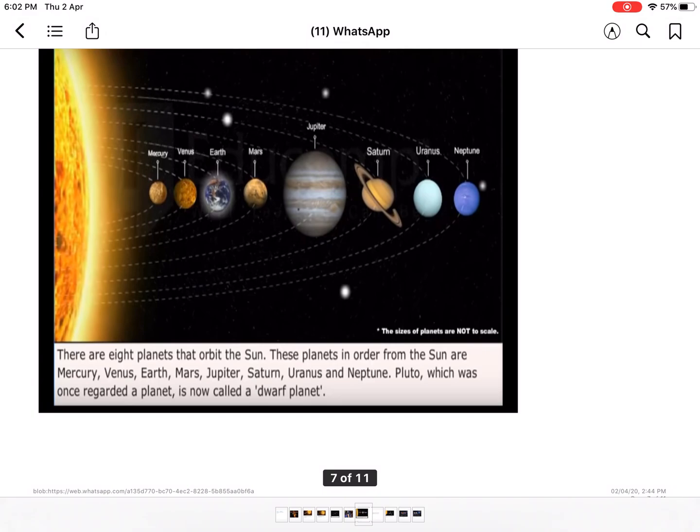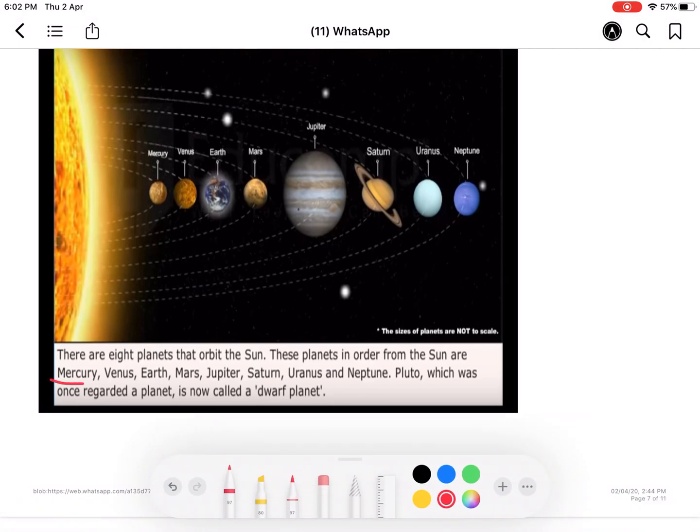These planets in order from the sun are Mercury, Venus, Earth, Mars, Jupiter, Saturn, Uranus and Neptune. Now here Pluto is also written. Pluto was once regarded as a planet, but now it's called a dwarf planet. So it's not a part of the solar system's eight planets, it's a dwarf planet.